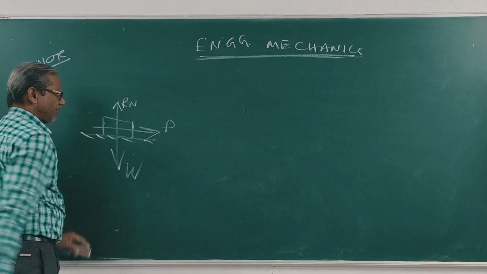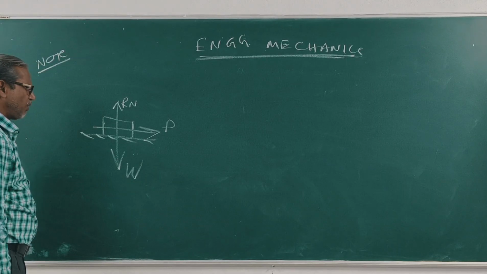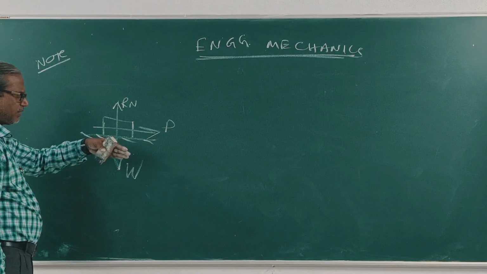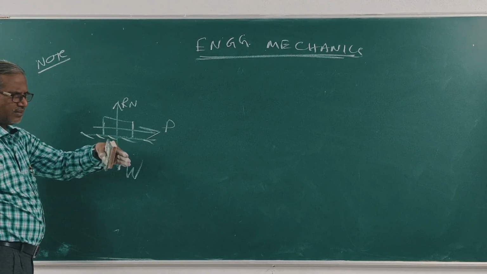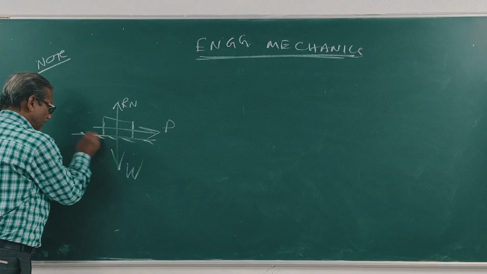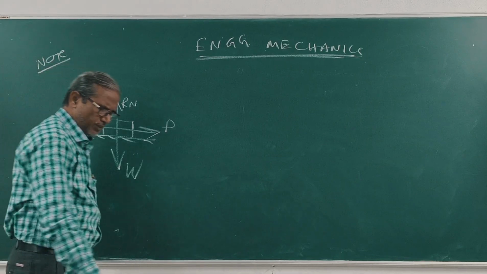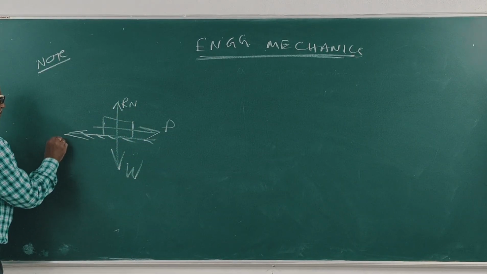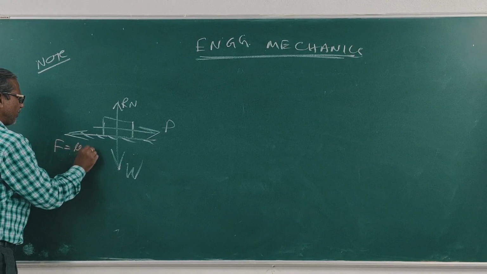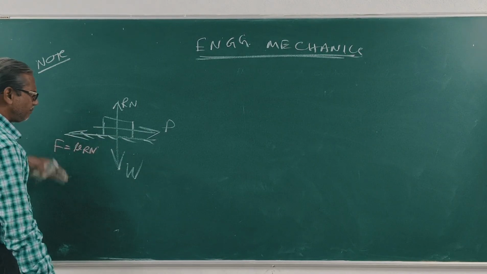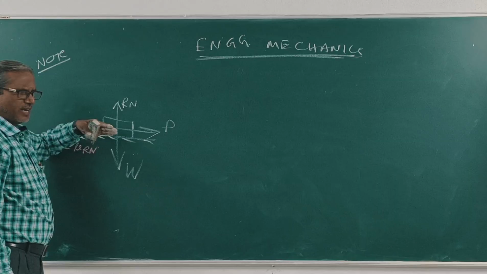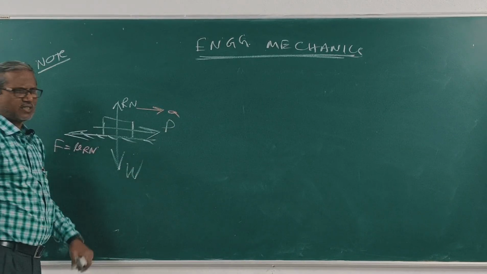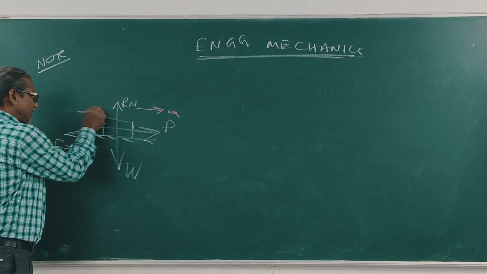Clear? In this problem, the force is acting towards the right side. That means the body tries to move towards the right side. So friction is acting opposite to the motion of the body. This is MA. This is F. What is F equal to? Mu Rn. Similarly, as the body moves towards right, the acceleration is acting in that direction, and MA is acting opposite to the body.